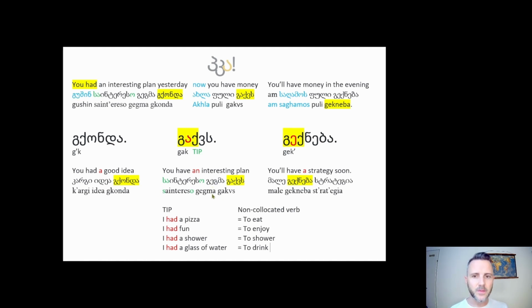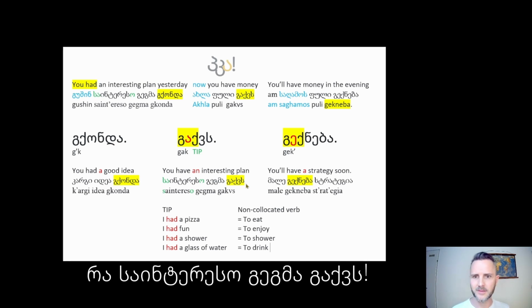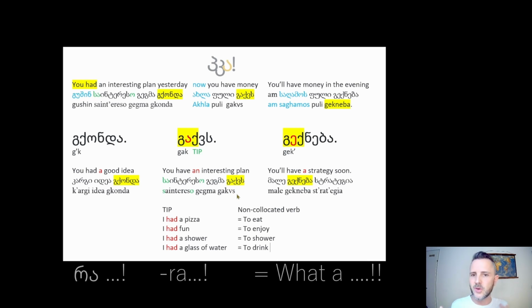Now, shen sa intereso gegma gax. In Georgian, you can almost add that extra emphasis, like, what an interesting idea you have. Rasa intereso gegma gax. That ra adds that extra wow to the observation that you have an interesting idea right now.